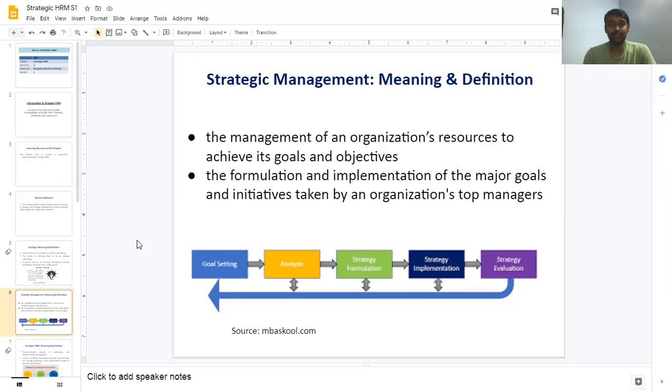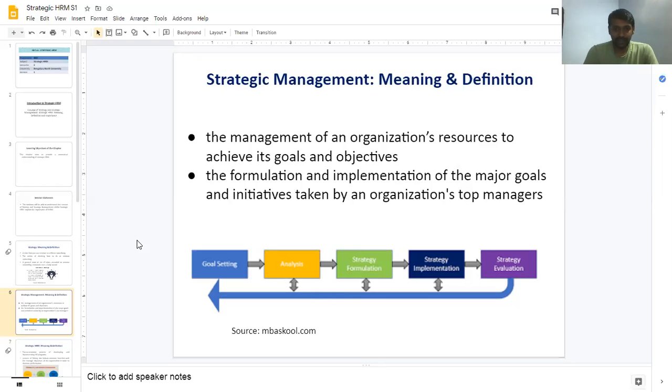How we can manage the organization's resources to accomplish those goals is known as strategic management. In other words, the formulation and implementation of major goals and initiatives taken by an organization's top managers. Any particular task which needs to be formulated and implemented in terms of major goals can be achieved with strategic plans.